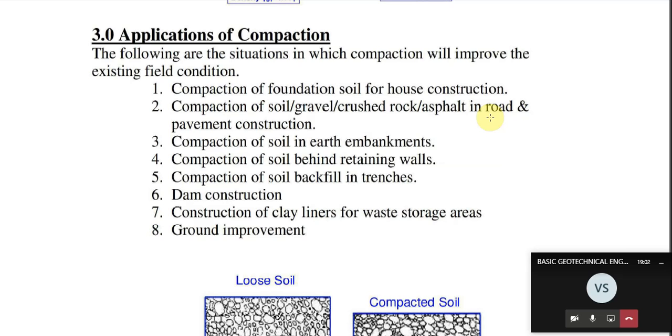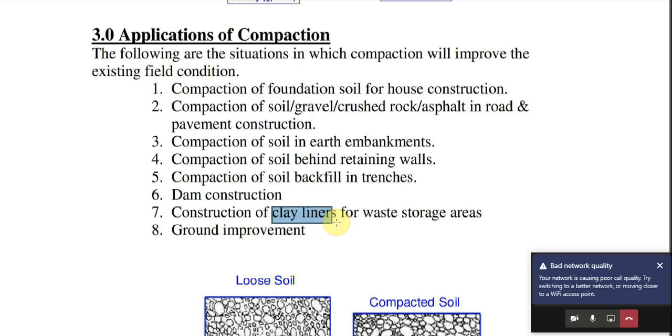That leachate should not penetrate the underground surface. That's why we are constructing clay liners at the dumping sites or the waste storage sites. Why clay liners? Because the permeability of clay is very low.